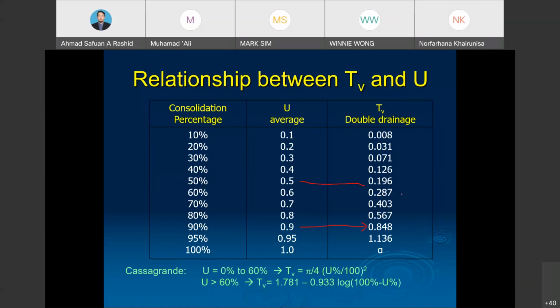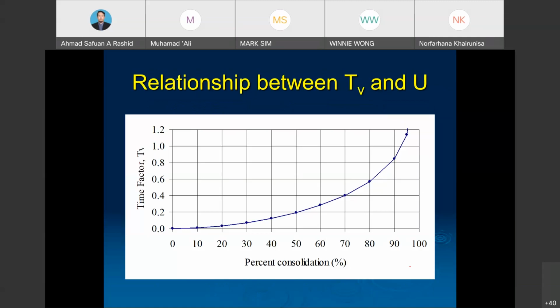That is the value that you should memorize for T90 and T50. If you want an accurate value, you may use this formula: for U within 0 to 60, this is the formula for the Tv, while for U greater than 60, you may use this formula to get the Tv value. Or this is the diagram between the Tv and the U, the time factor compared to the percentage of consolidation.